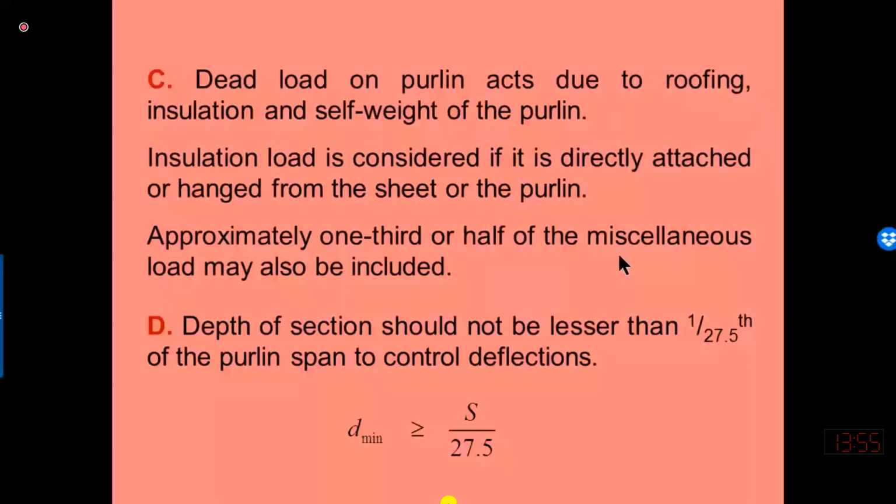But actually we are also using many bolts in order to join the truss members with the gusset plate. This means that for the purlin design, not all the bolts' load is acting on the purlin. So we may consider a maximum miscellaneous load from 1/3 to half. You can consider from half to 1/3 of the miscellaneous load for the design of the purlin.